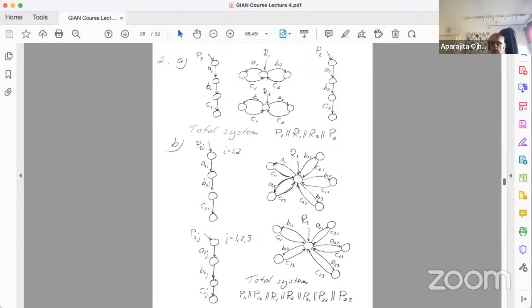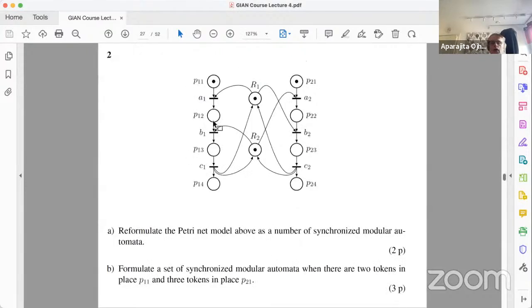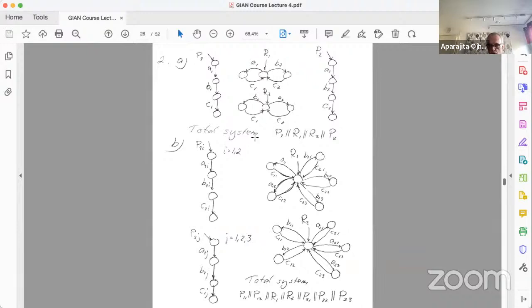The last 3 represent the 3 initial tokens in the right sequence, and the first 2 automata represent the 2 initial tokens in this sequence. So you see here that there is a close connection between Petri nets, especially for this structure at least, and automata, but specifically modular automata.